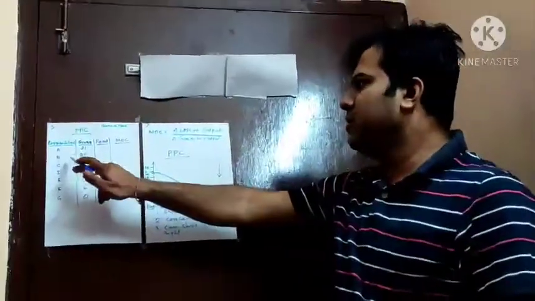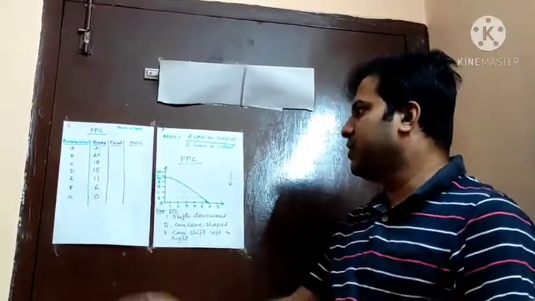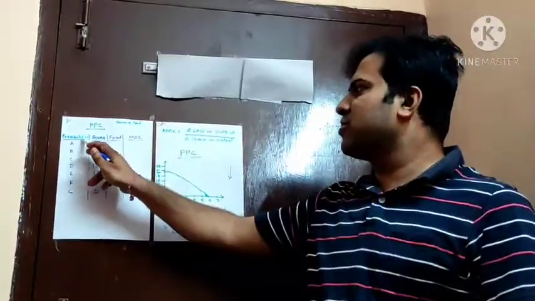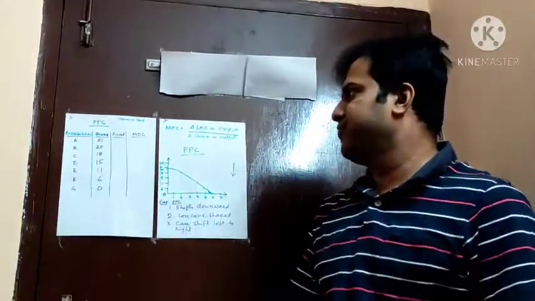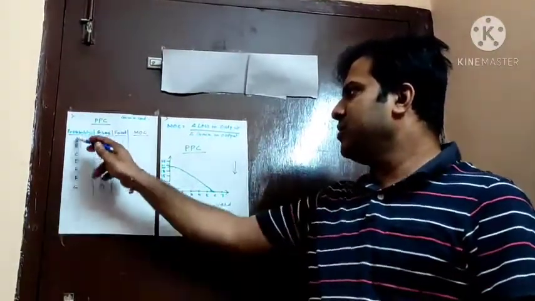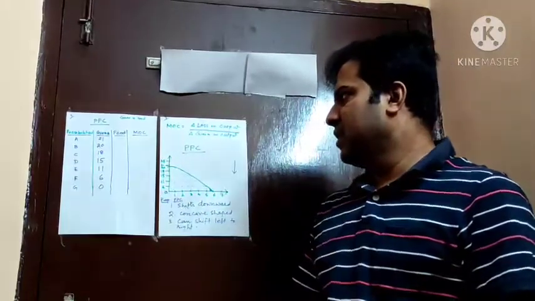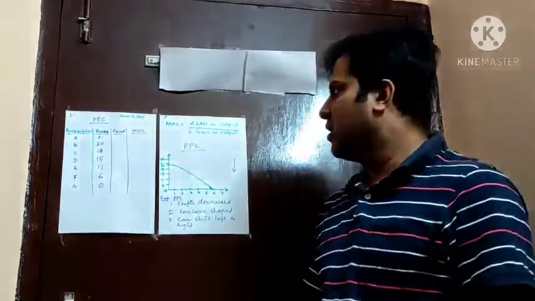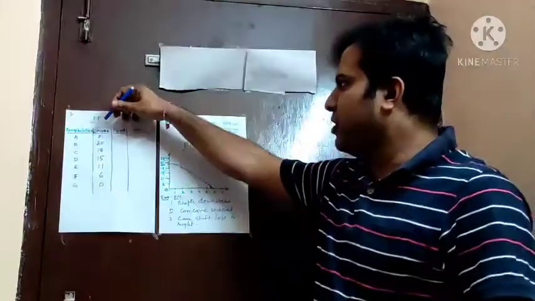Now here there is a table, I will solve this table. In the first column you see it is written possibilities. These all are the commodities, the possibilities of production.